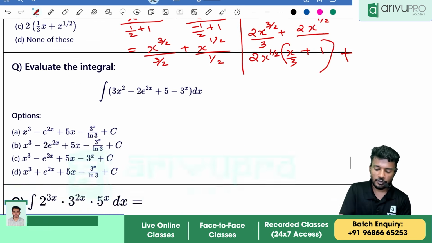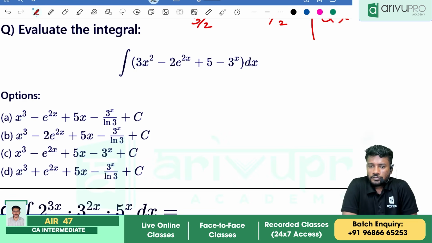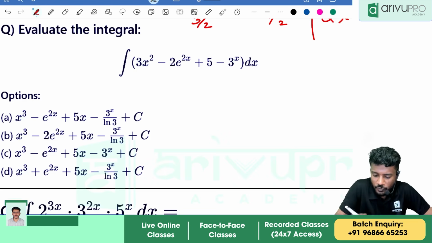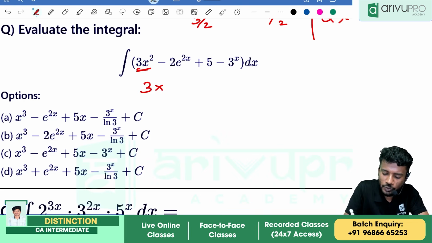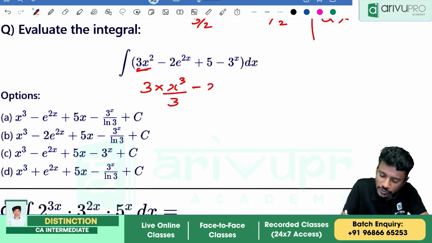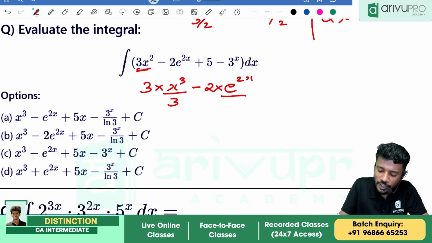Now find the integral of this. What is the integral of 3x square? Can I write it as 3 into integral of x square, which is x cube divided by 3? Minus 2 into the integral of e raised to 2x, which is e raised to 2x divided by 2.